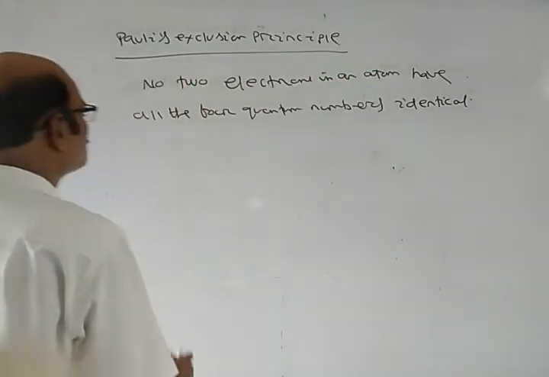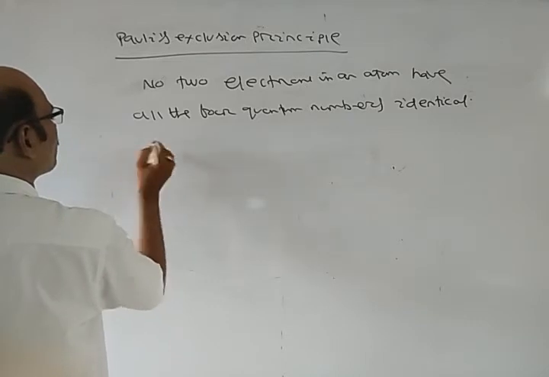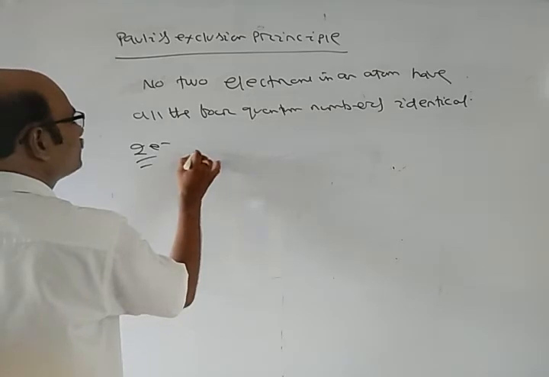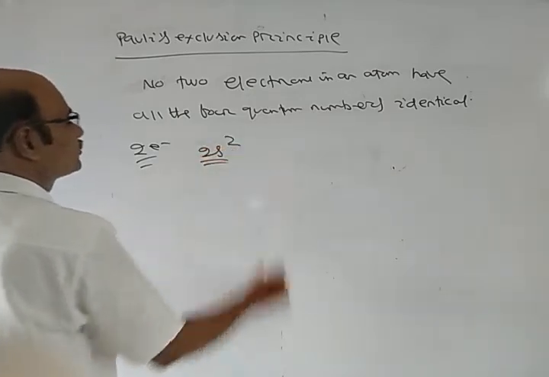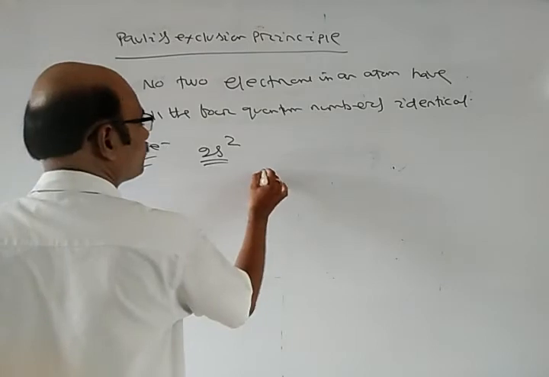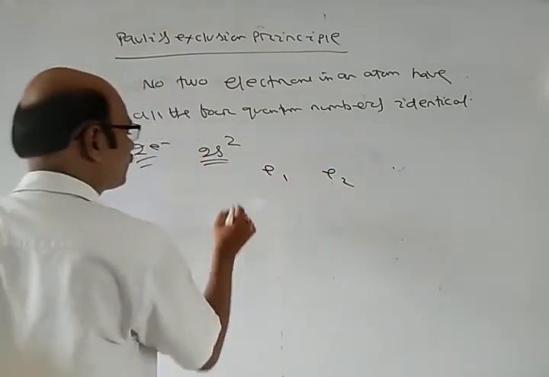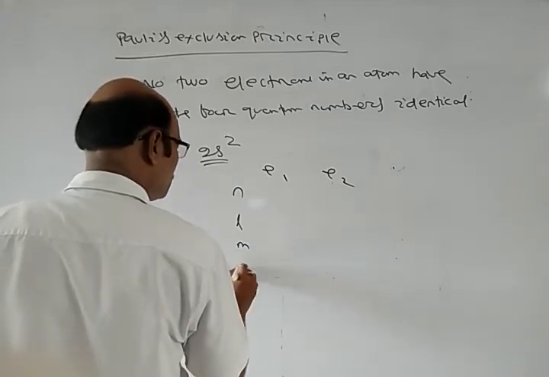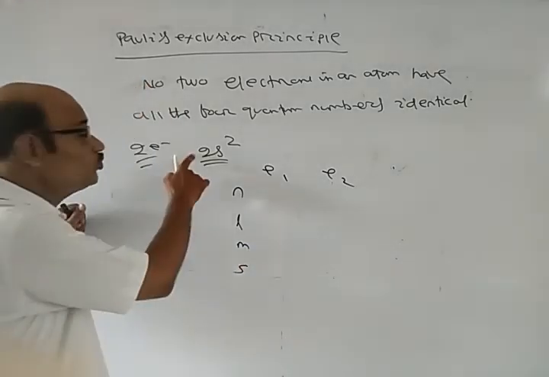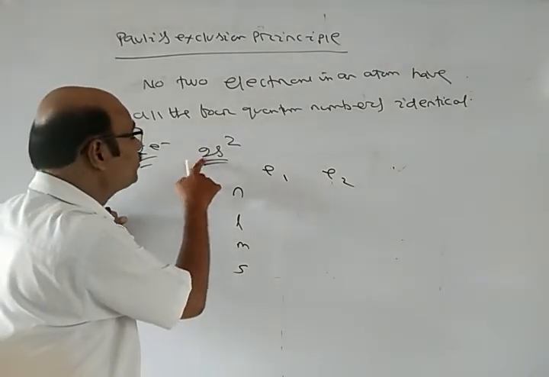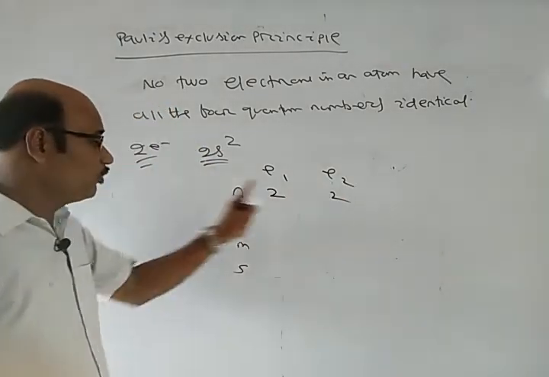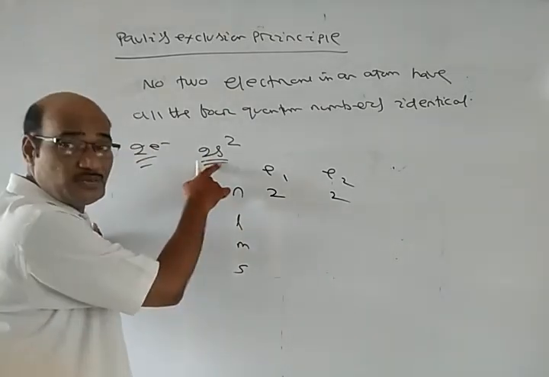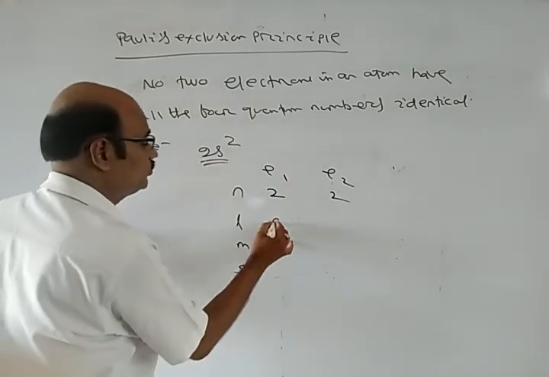Okay. Let us see, suppose we have 2 electrons, 2s2, E1 and E2 here, n, l, m, s. Because it is 2s2, n equals 2 here, 2 here. For both electrons, n equals 2. S subshell, so l equals 0 here, 0 here.